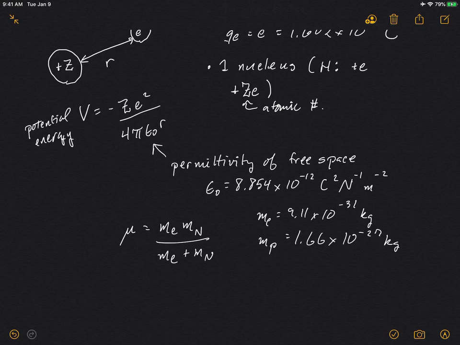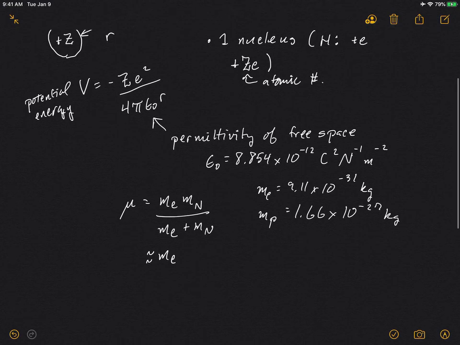And as we saw before, if we're talking about motion about a center of mass, and we switch to these kind of relative coordinates, the reduced mass is going to be almost the same as the mass of the lighter of the two bodies, so the mass of the electron in this case.